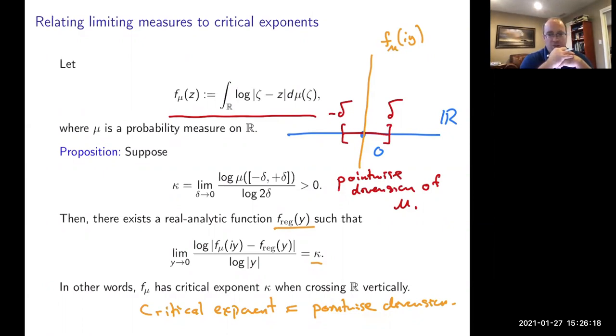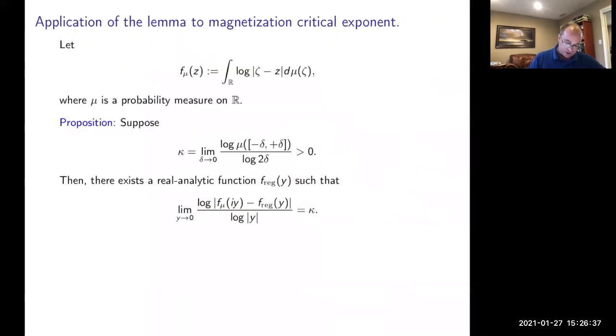So there's actually a discussion of this kind of implicit in the end of the paper from Misha and Pavel back in 1991 about the pointwise dimension versus the critical exponents. So this can be helpful, and I just want to show you how it would work. You see, remember that here was our density rho of theta.